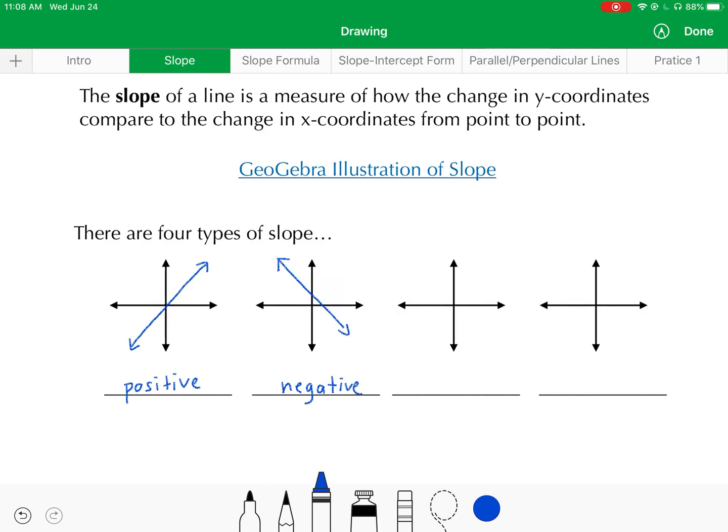And then you could have a horizontal line. Horizontal lines always have a slope of 0 because there is no vertical change from point to point. And then lastly, you could have a vertical line. It's understood that the slope of a vertical line is undefined.